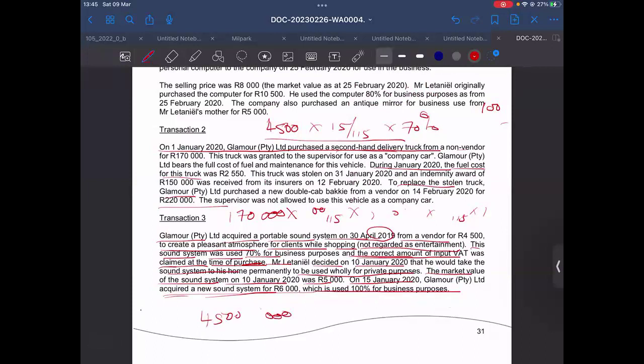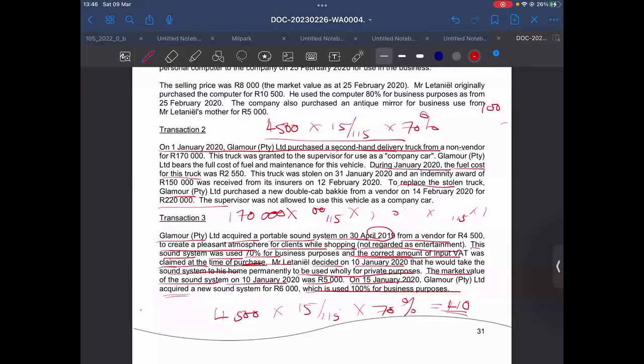Of 4,500 times 15 over 115 times the business use, 70%. Give me the amount here. 410. 400 and what? 10. Right.